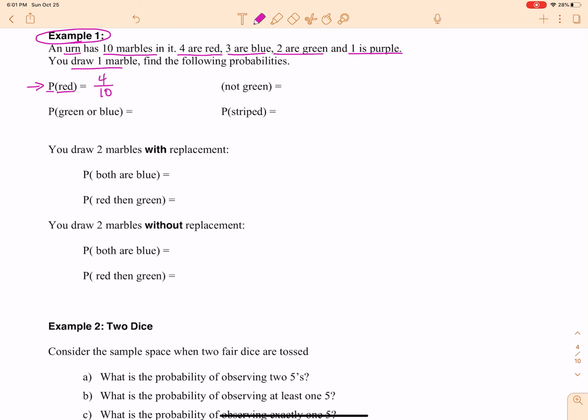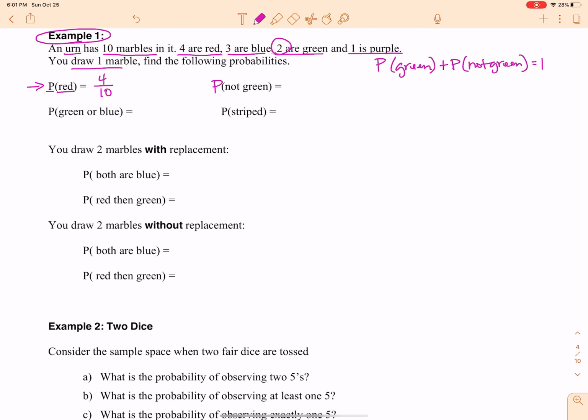Okay, the probability that we do not have a green one. This is going to speak well to an illustration of one of our rules of probability. Because if I'm dealing in terms of just green here, the probability of a marble being green plus the probability of it not being green is equal to 1.